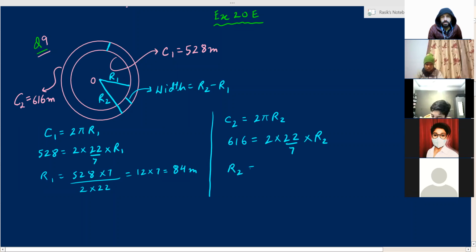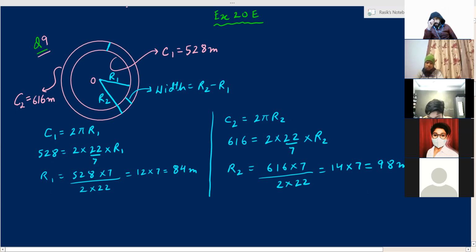Therefore R2 is equal to 616 into 7 upon 2 into 22. So this will be 14 into 7. 14 into 7 is 98 meters. Am I right? Yes.